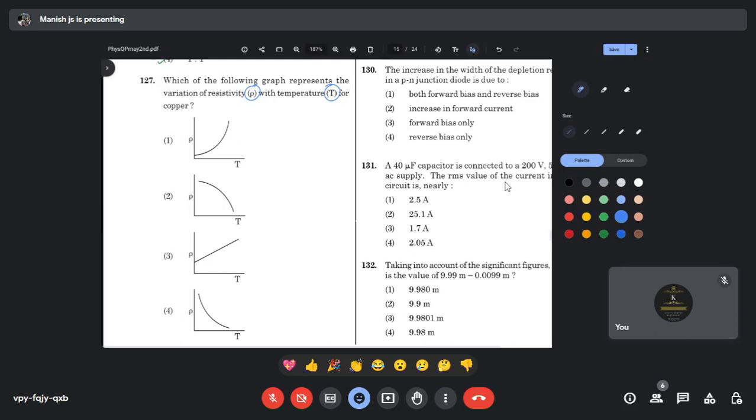Okay, so which of these graphs represents a parabola? Quite simple. Which is a parabolic graph? Option 4, sir.